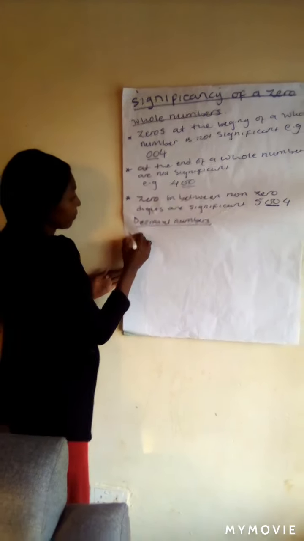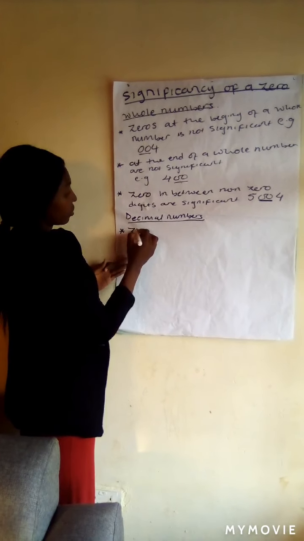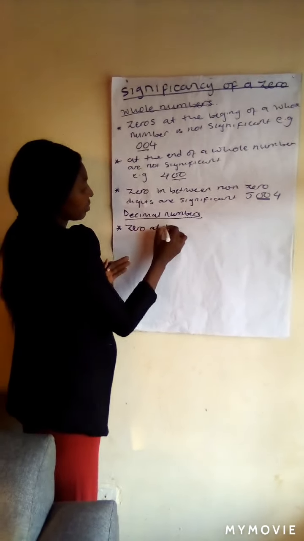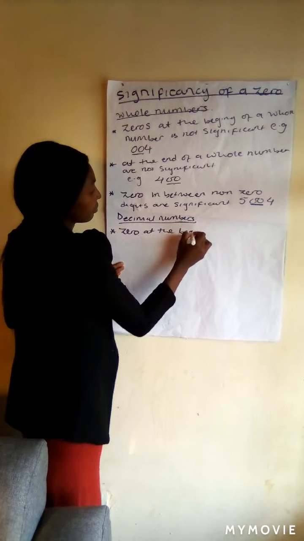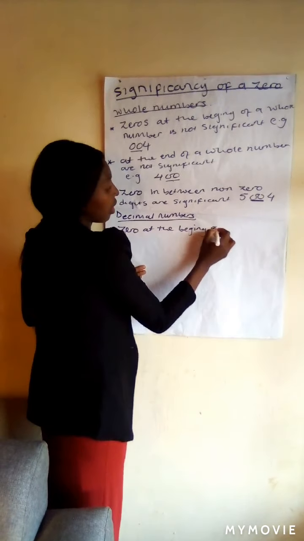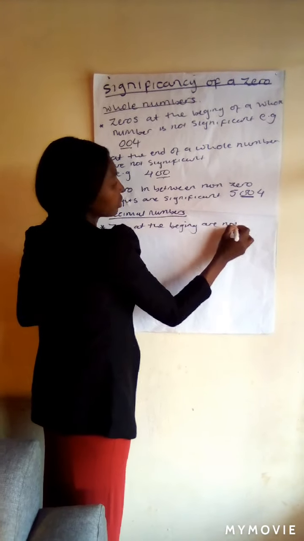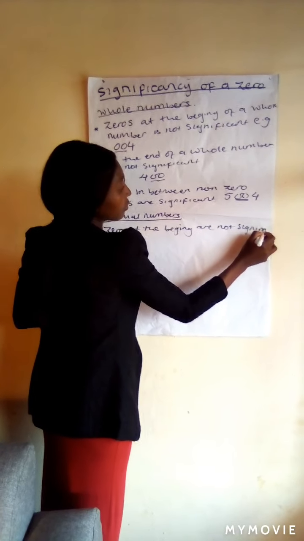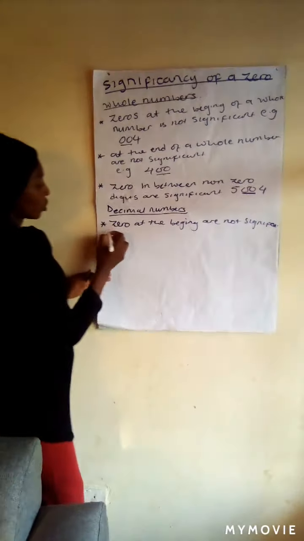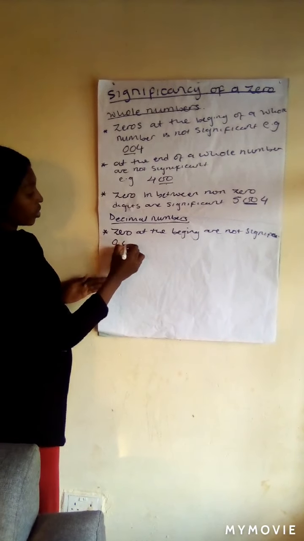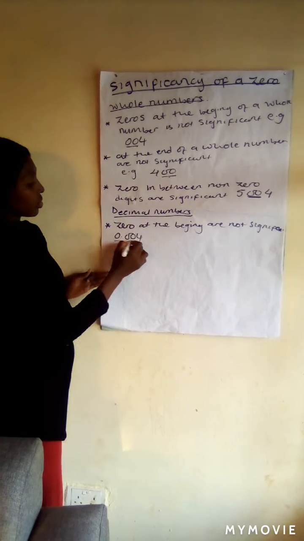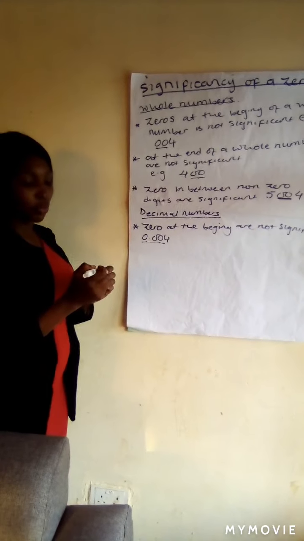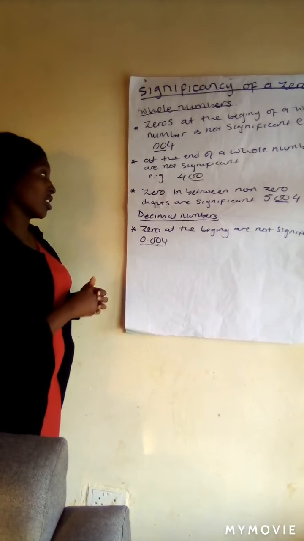So we are saying zeros at the beginning are not significant. We have an example of maybe 0.004. The zeros at the beginning of this decimal number are not significant.